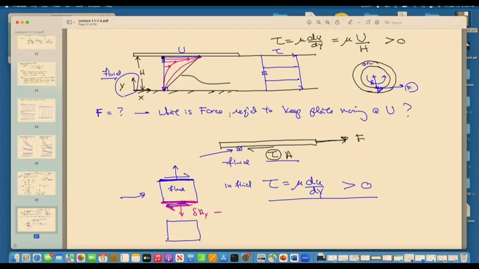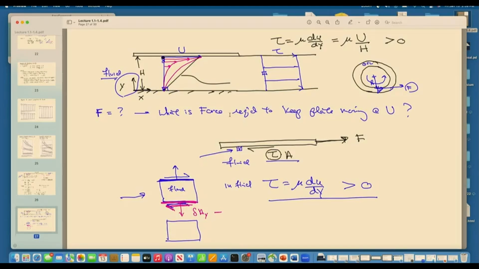That moving wall is associated with the rotating cylinder. So in general, I may ask you, what is the force of the fluid on a surface?